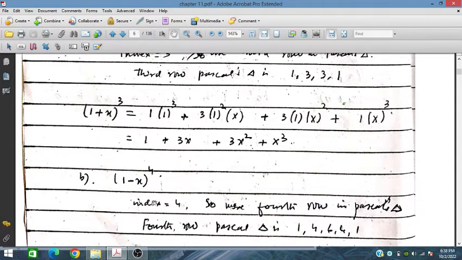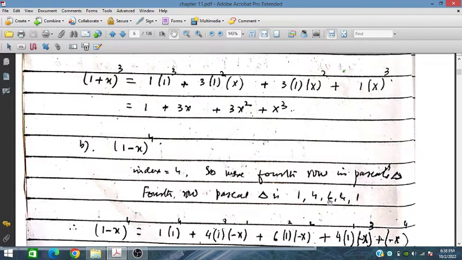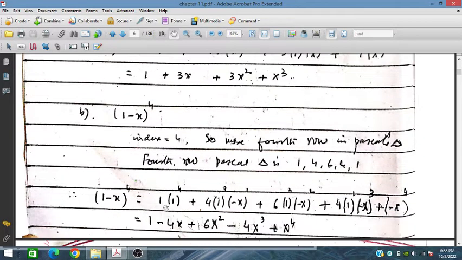For (1 - x) with index 4, the 4th row in the Pascal triangle is 1 4 6 4 1. So we can write 1 4 6 4 1.